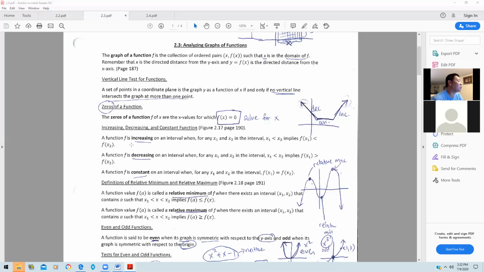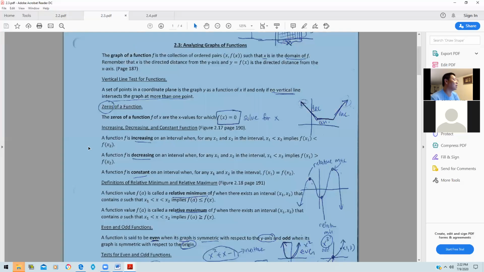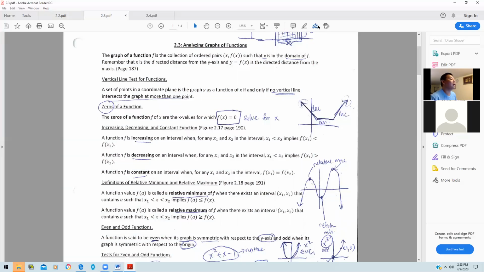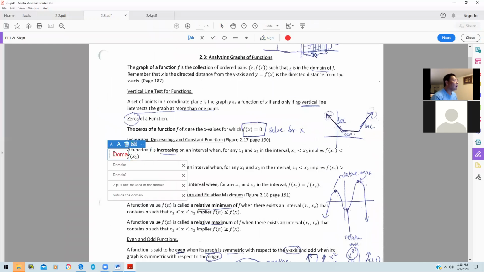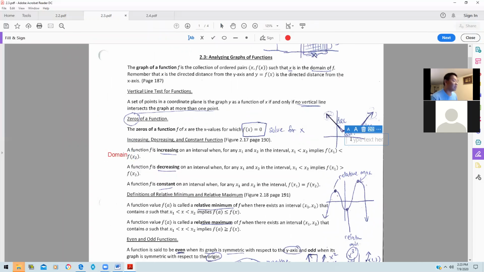And every time you do increasing, decreasing, or constant, we always talk about the domain. And what is the domain? The domain is all the x values. So we only talk about the domain here. Let's say this is 2, and let's say this is 6. In this case, the decreasing part will go from negative infinity to 2.